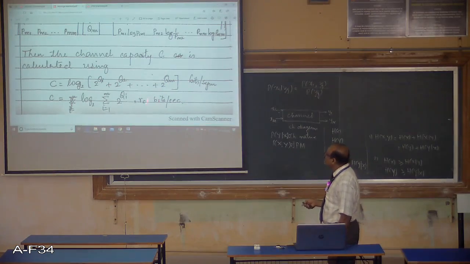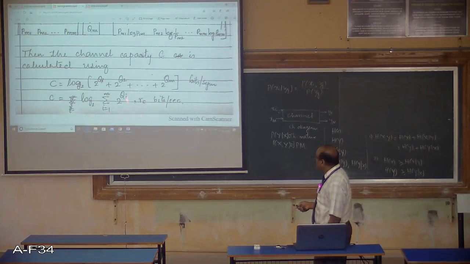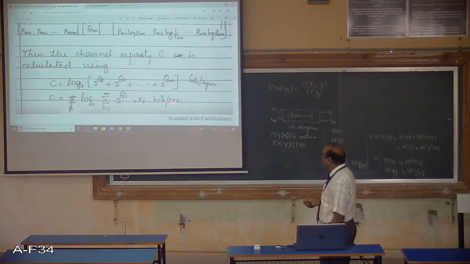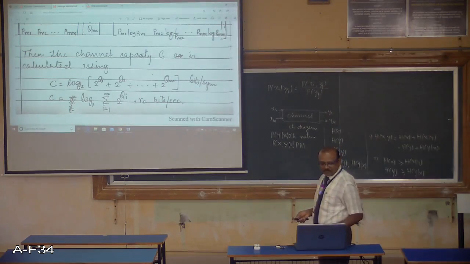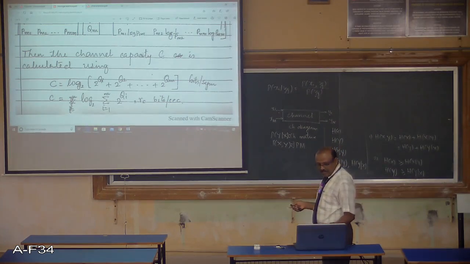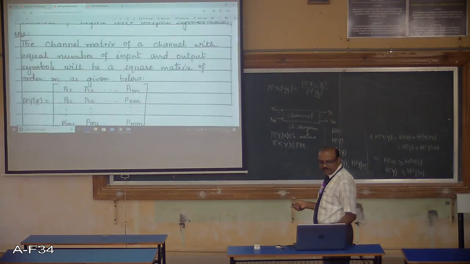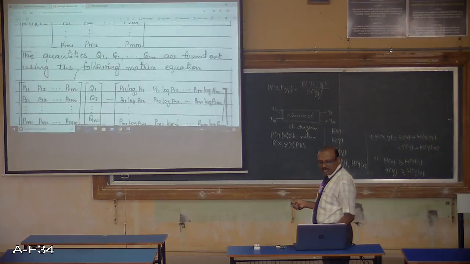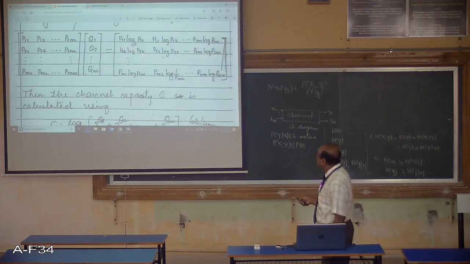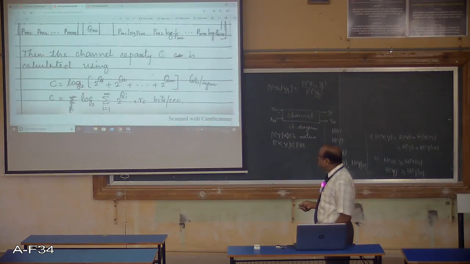When multiplied with the symbol rate, we express the channel capacity in bits per second. So this is Muroga's method, a simple matrix multiplication, and solving those m equations, we get all q values, and substituting those q values in this simple equation, we get the channel capacity.